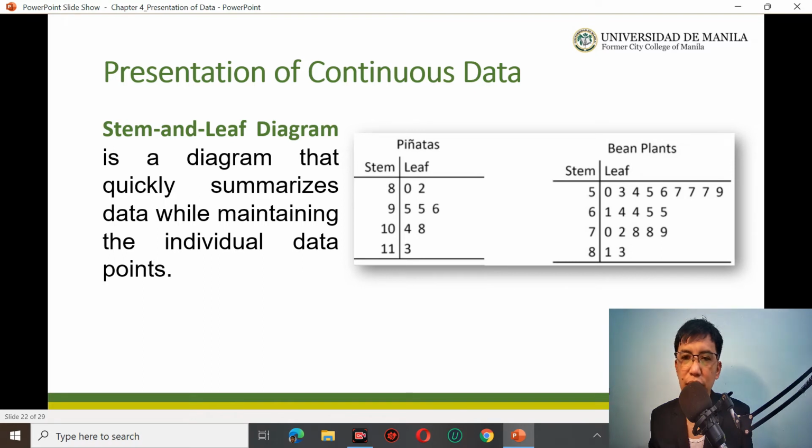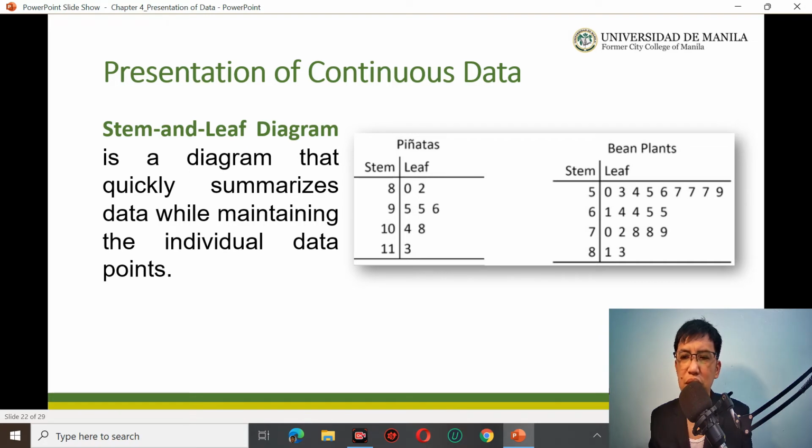For piñatas, we have here 80 centimeters, 82 centimeters, 95, 96 centimeters. We have 104, 108 centimeters, and 113 centimeters. While for bean plants, we have 50, 53, 54, 55, 56, up to 81 to 84. That is how we read the stem and leaf diagram.